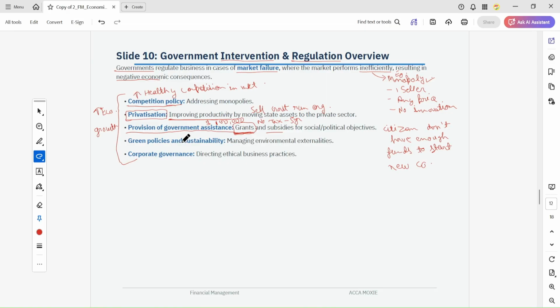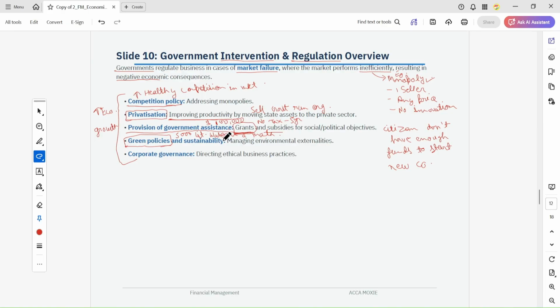When our environment becomes polluted, the government has to make green policies. For example, if you have a factory, you cannot use more than 5,000 liters of water in a month.